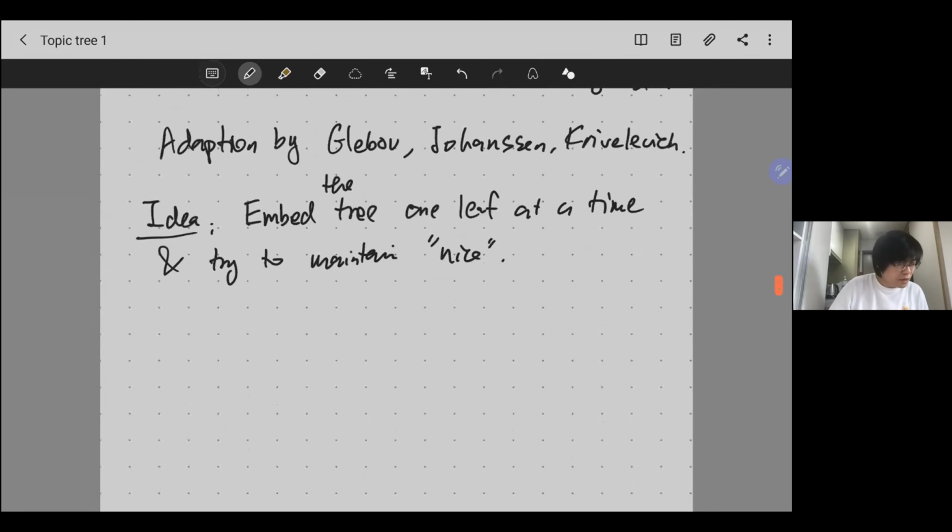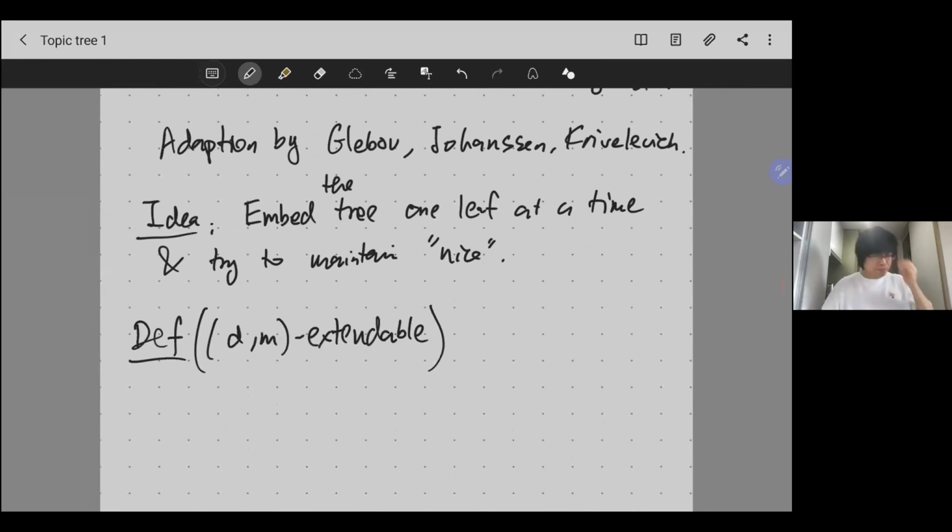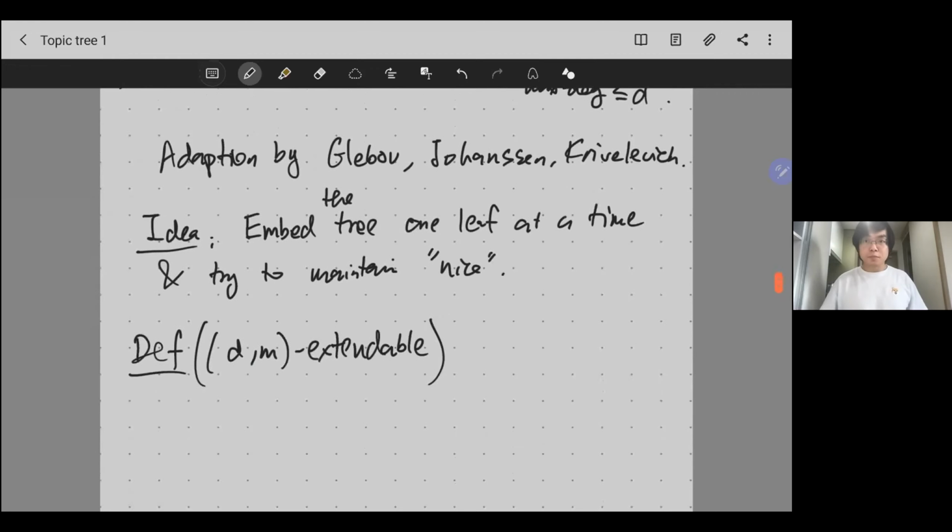So what do I mean by nice? It's captured by this definition, so-called (d,m)-extendability. Let d and m be positive integers, where d is at least 3 and m at least 1, okay? And G be a graph.